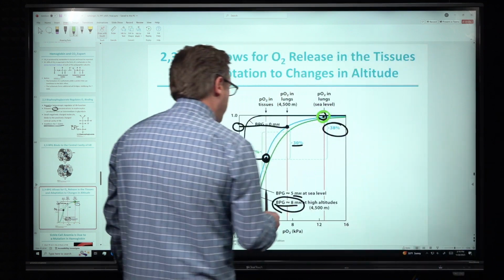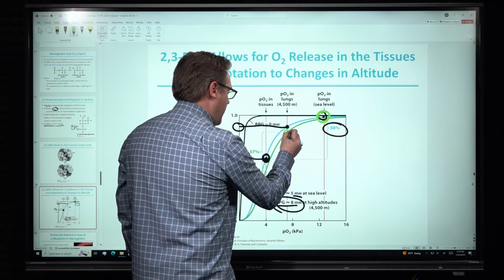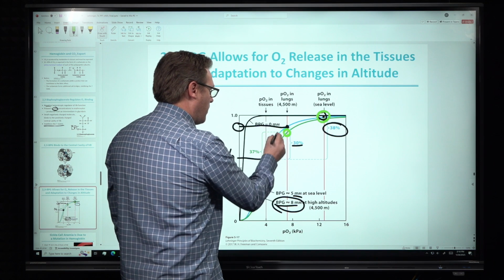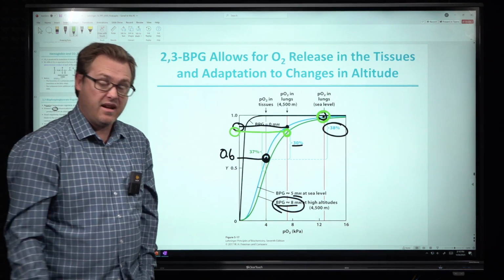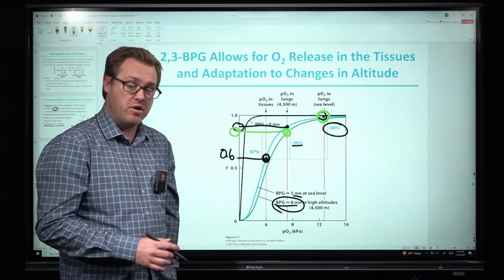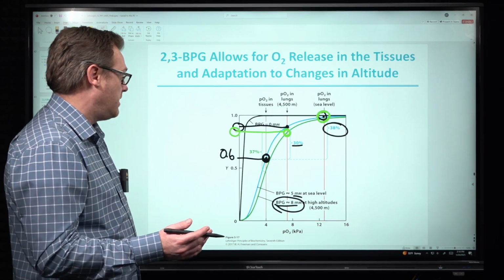But the point that we want to look at is this one right here. At higher altitude, we're going to get what? Less affinity of oxygen to hemoglobin. Okay? There's less oxygen there.